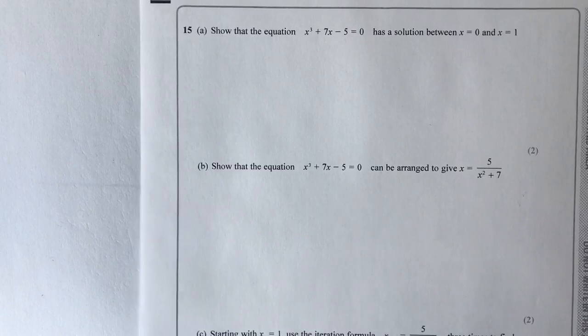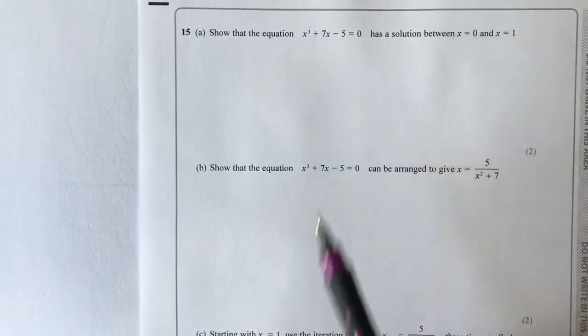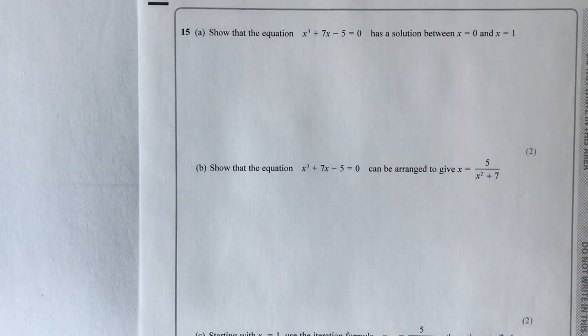Show that the equation has a solution between 0 and 1. What we mean by that is that the value of x is going to be between 0 and 1 in order to make this final answer 0. So a little bit complicated.